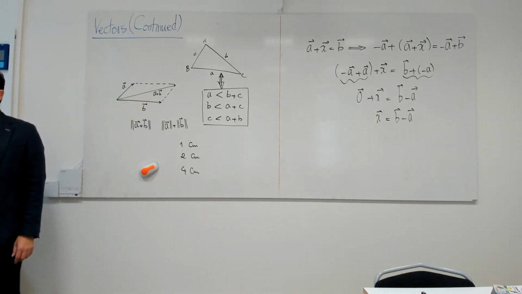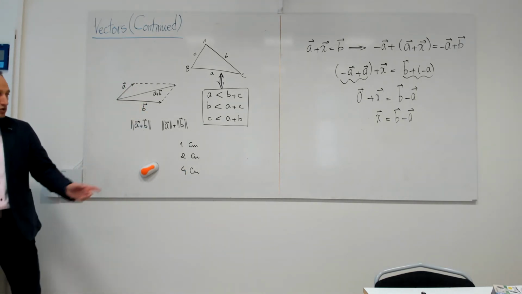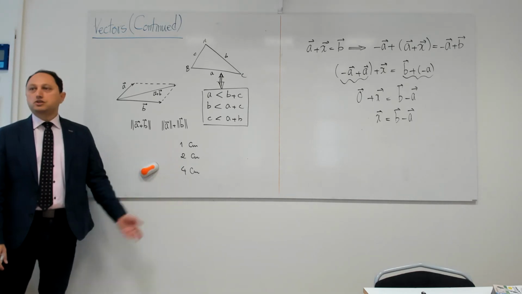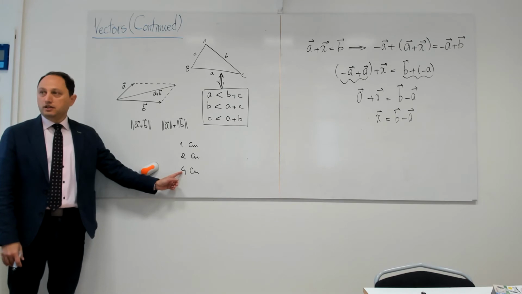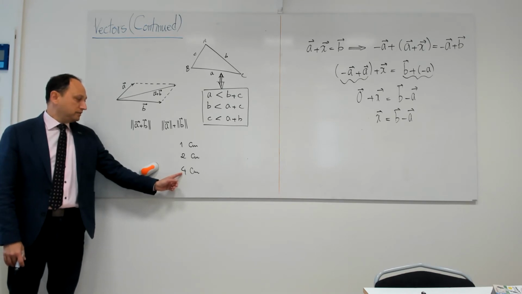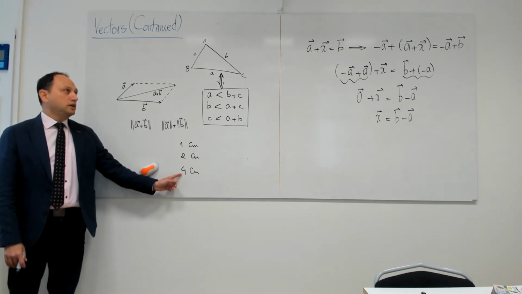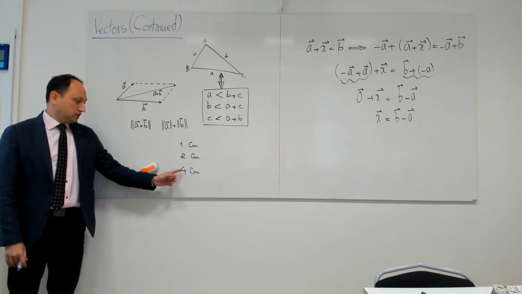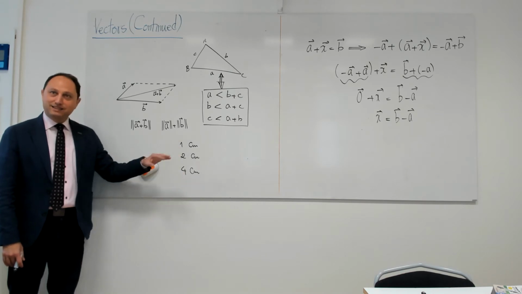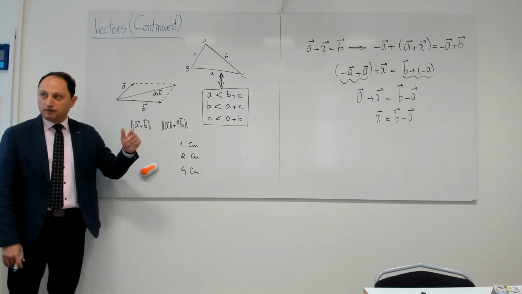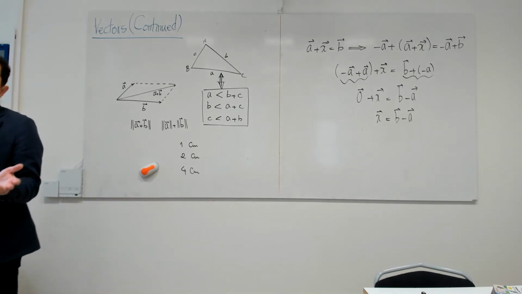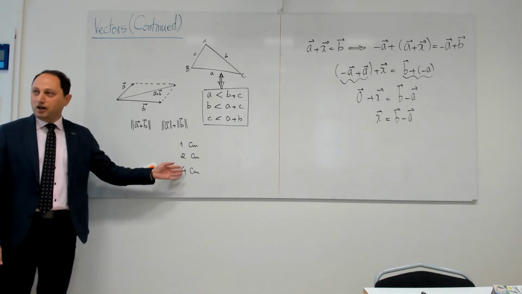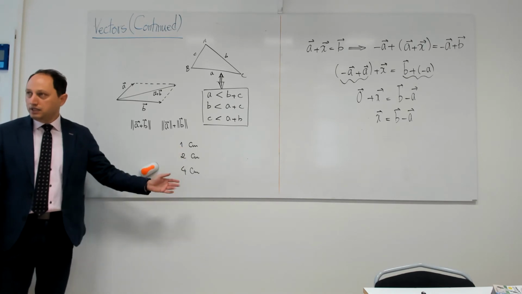If I ask you to draw a triangle for me whose sides are these numbers, this is not possible. Why? Because 4 should be less than the sum of the other two, but 4 is not less than the sum of 1 and 2. So it doesn't matter how hard you try, there is no triangle with these sides.